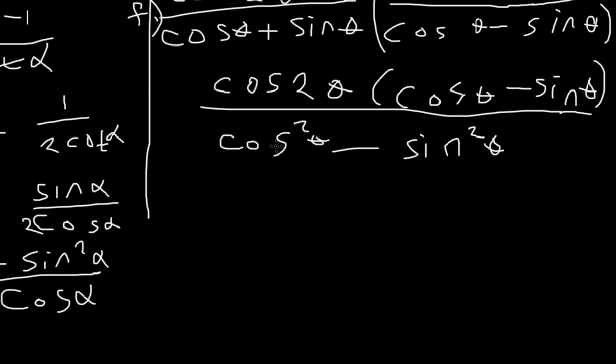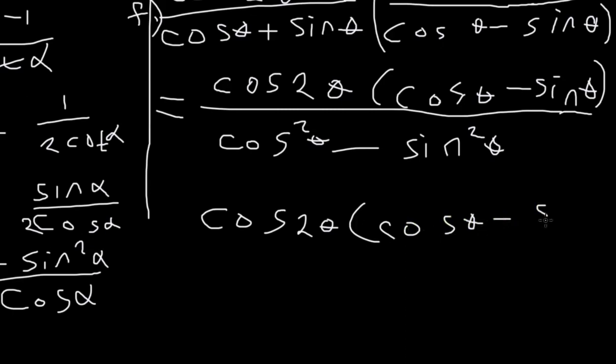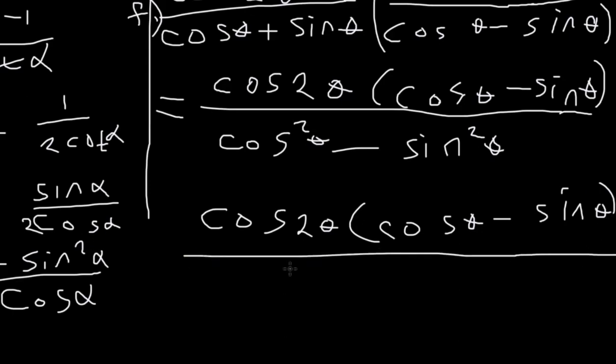So we know that the denominator here is nothing but the identity for cos 2 theta. So we write cos 2 theta there, which is on top, and then you write this cos theta minus sin theta in brackets like that, and then everything divided by cos 2 theta, because we know that the identity for cos 2 theta is just this down there.